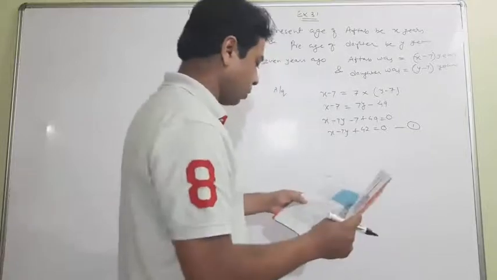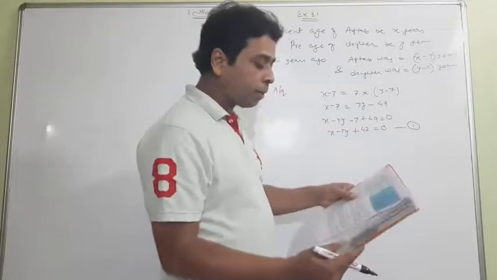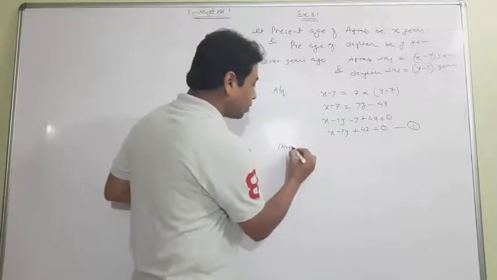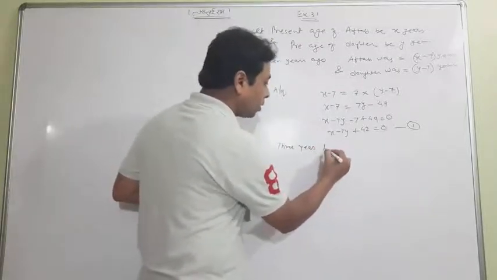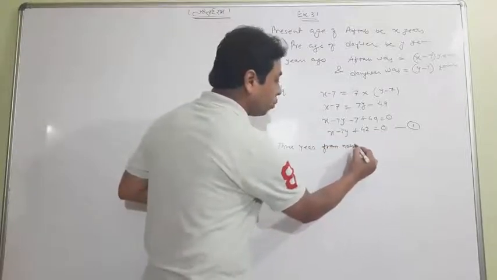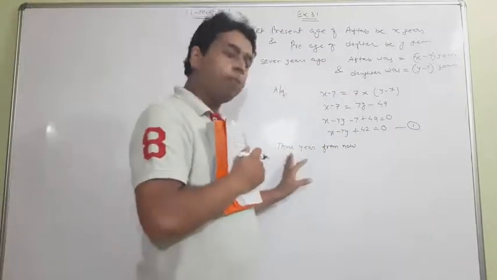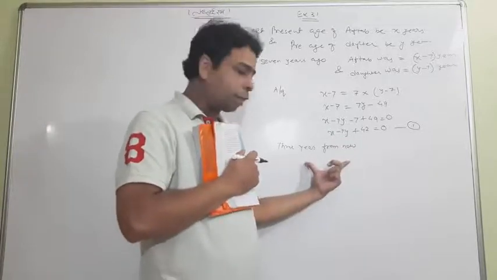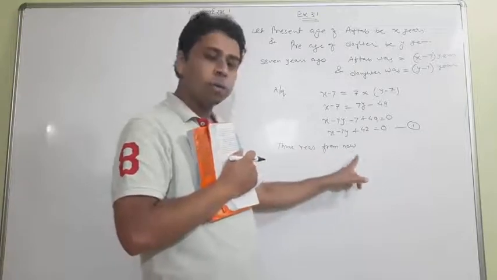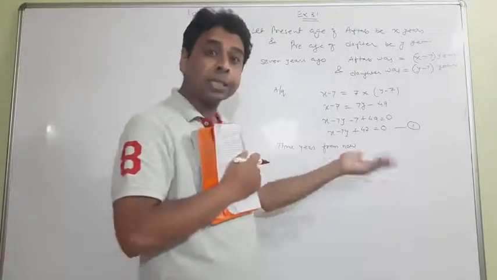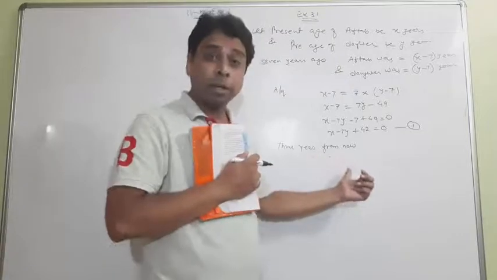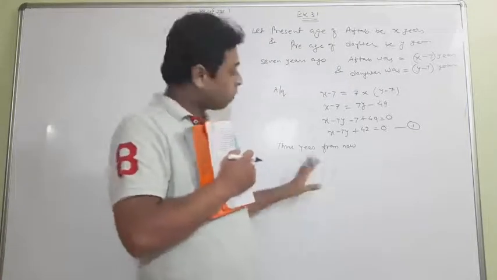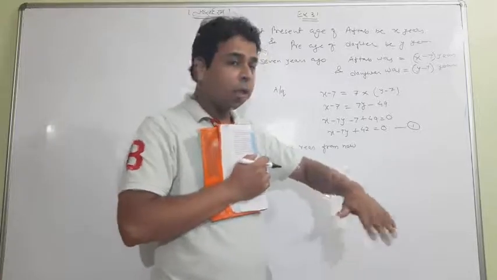Now I'll go to the next. It further says, I shall be 3 years from now. Whenever the term 3 years from now comes, there are alternatives for that sentence: 3 years hence, or 3 years later. All these can be used instead. 3 years from now means after 3 years.